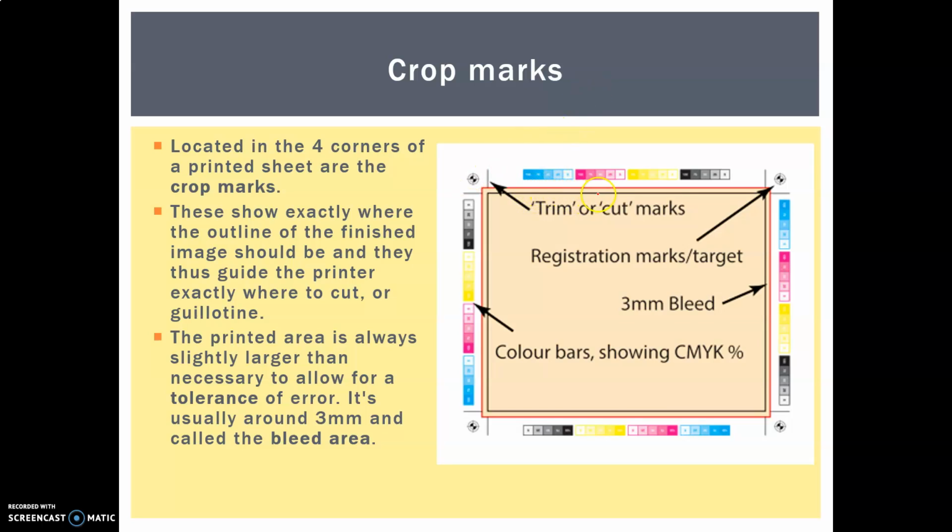So this little border here around the edges, this is called the bleed area, because you do get a certain amount of bleeding of the ink inside the paper. The fibres draw it out. It doesn't always stay perfectly centred, so they need to allow for a little bit of error, a little bit of leeway there.